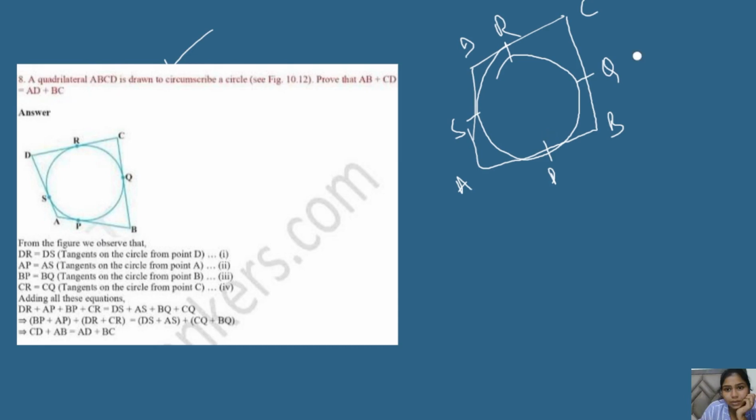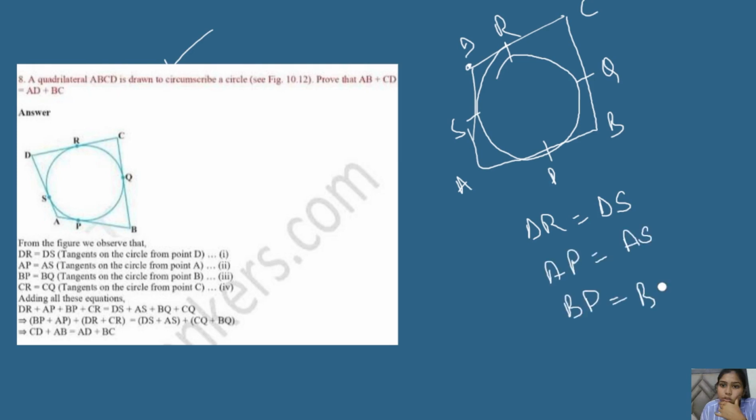So by this picture we know that if we consider D as the external point, then DR is equal to DS. Then if we consider A, then AP is equal to AS. If we consider B, then BP will be equal to BQ. If we consider C, then obviously CQ equals CR.